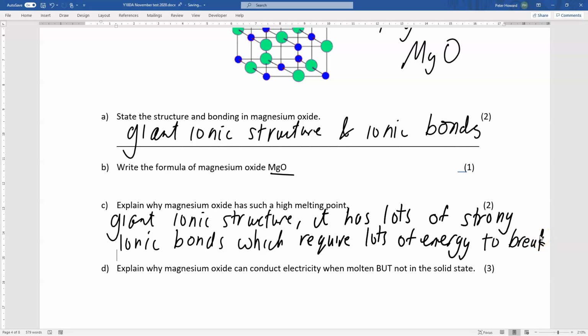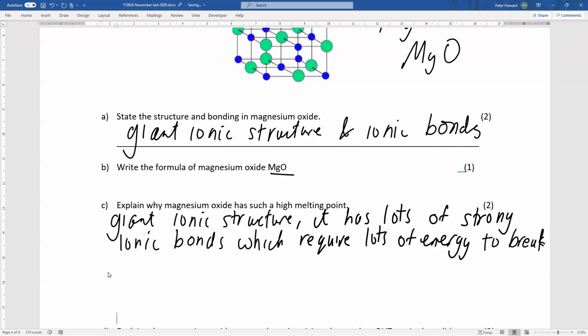Now, you could also, for this particular question, if you want, just talk about what an ionic bond is, which is also equally valid.